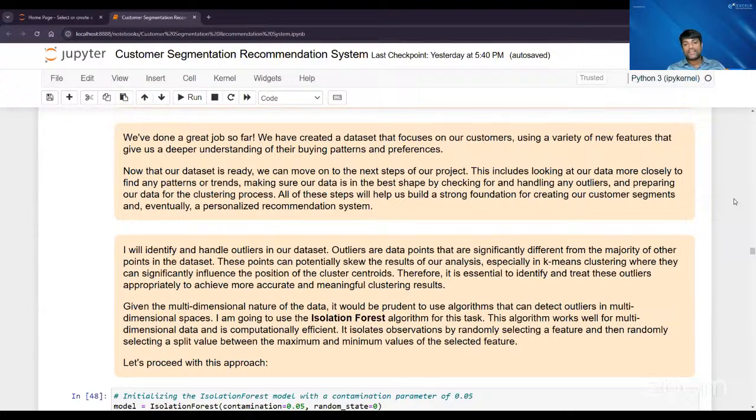This isolation forest is basically used to identify the outliers in the data, and also the anomalies in the data, which help us to understand more.